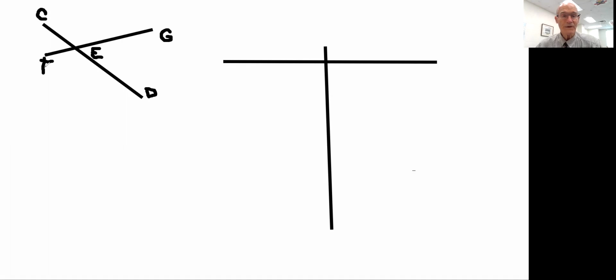Now, what we're given is that, and I will put this in symbols here rather than writing because you can look in your book, CE is congruent to FE. That means those two are the same length. And ED is congruent to EG here.